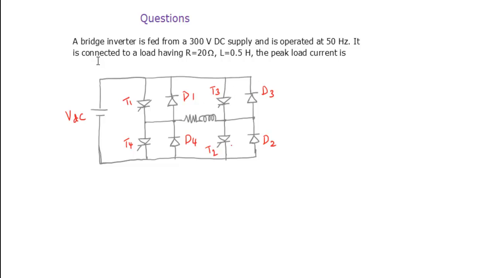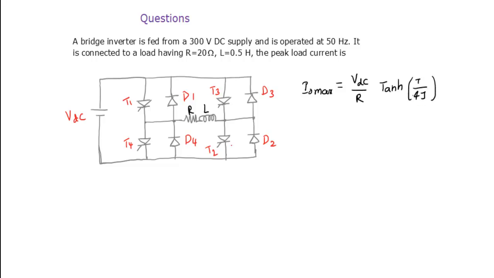Here the bridge inverter is given, meaning it is a full bridge inverter by default. Resistance and inductance are given, so this is an R and L load. We discussed the peak value in case of an RL load. I0 max is VDC by R into tanh(T by 4 tau).